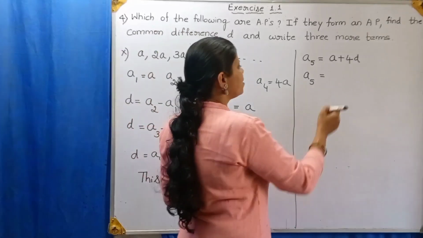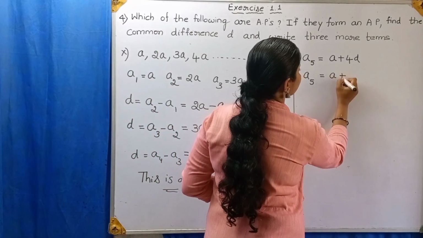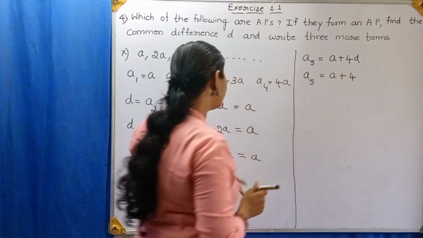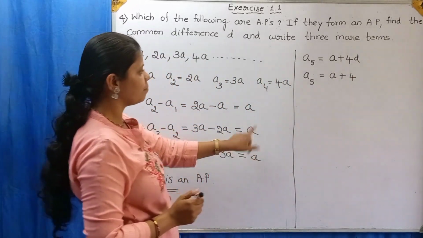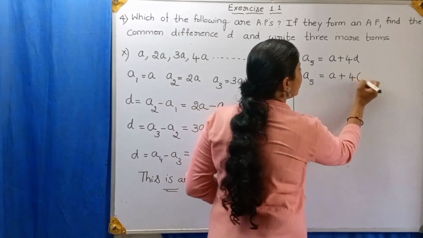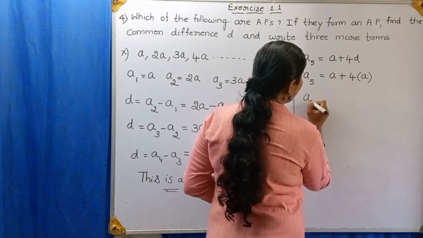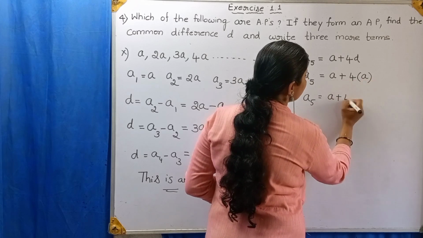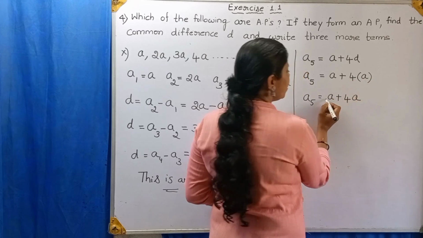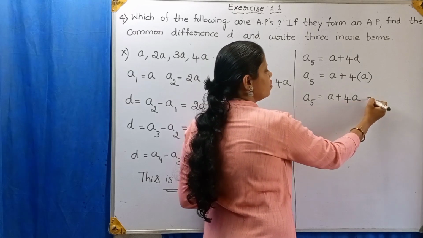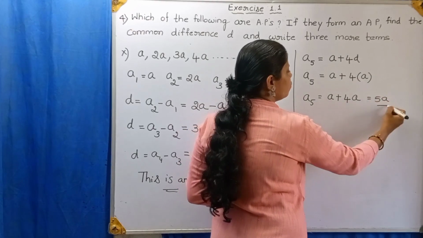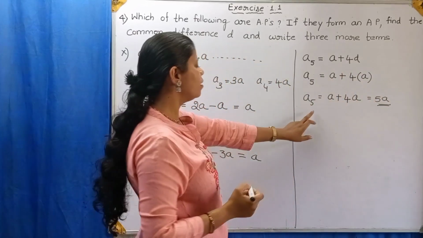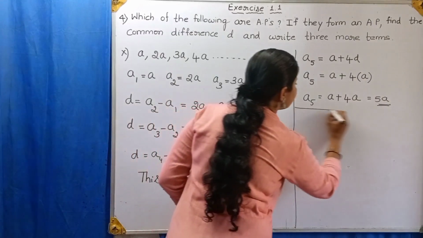A is A itself, right? Plus 4 into. What is D? D is A. Therefore, let me write here A. A5 is equal to A plus 4 into A is 4A. Plus A plus 4A. It is what? 5A.